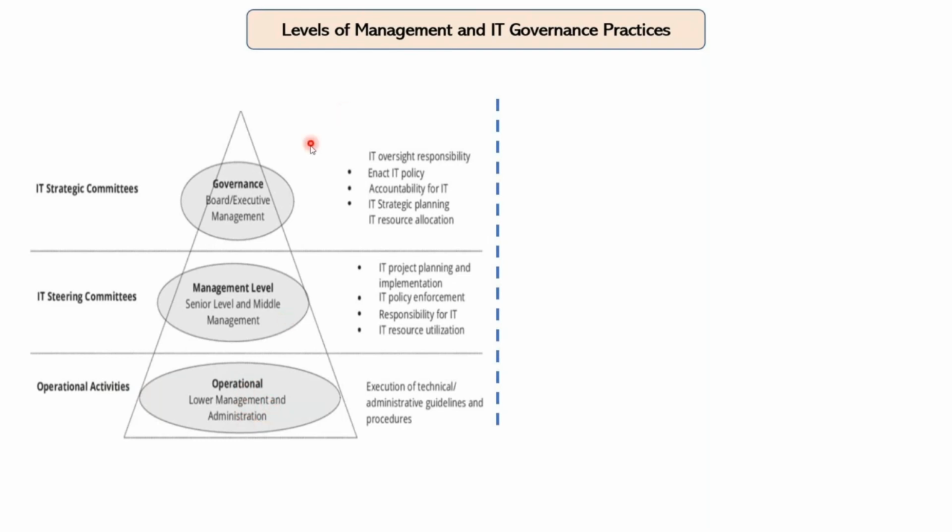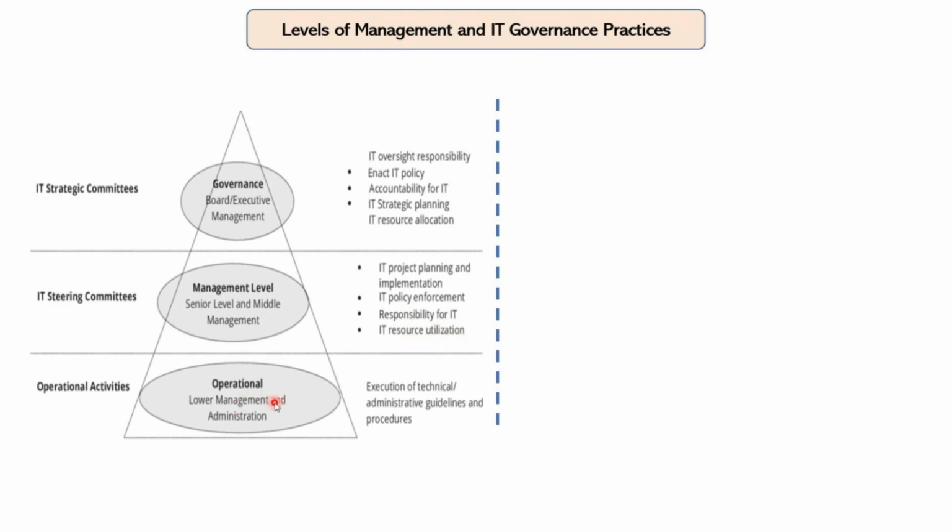Now, if you see at the governance level, IT oversight responsibility, enact IT policy, accountability for IT. So accountability ultimately lies with senior management, strategic planning, and resource allocation. So at the steering committee level, which is management, IT project planning and implementation, policy enforcement, responsible for IT and resource utilization.